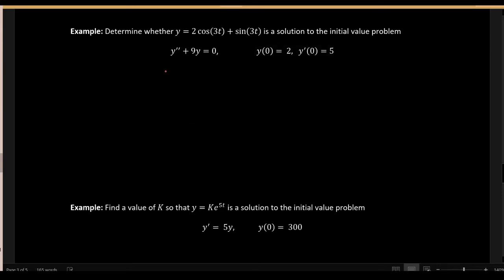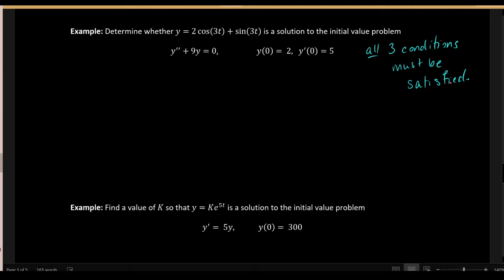First, the function has to solve this ODE. Second, the original function has to equal 2 when the input is 0. And the first derivative has to output 5 when the input is 0. If all 3 conditions are satisfied, then the function is a solution to this initial value problem.